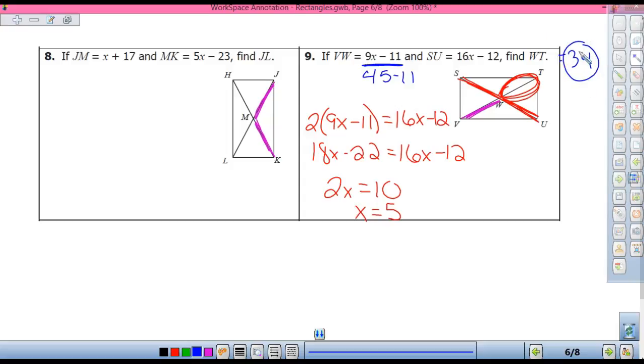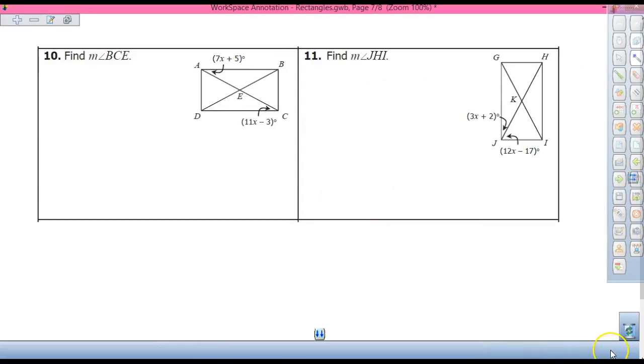Some of these you're going to have to plug in to be able to figure other things out. Like if I look at number 10, what do I know about those two angles? They're congruent. Why?